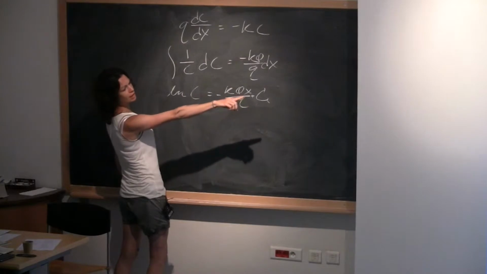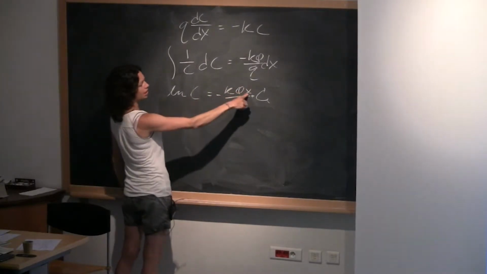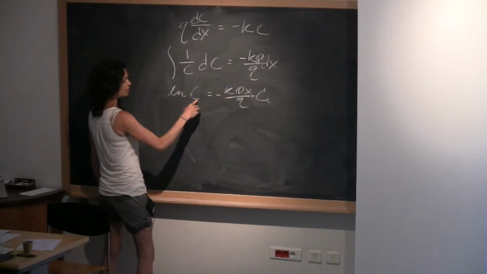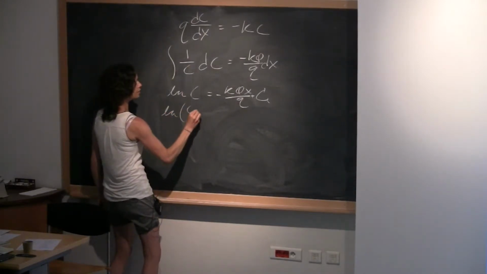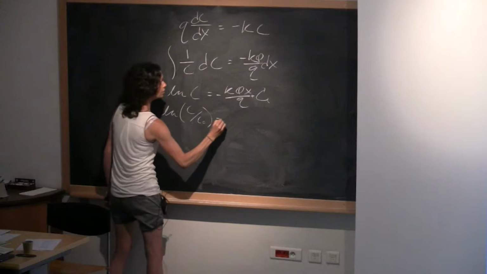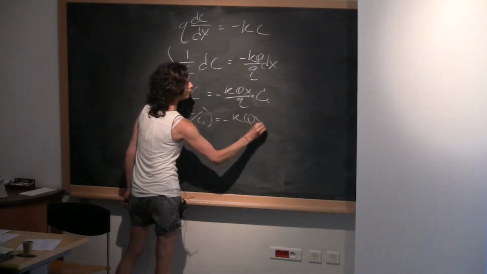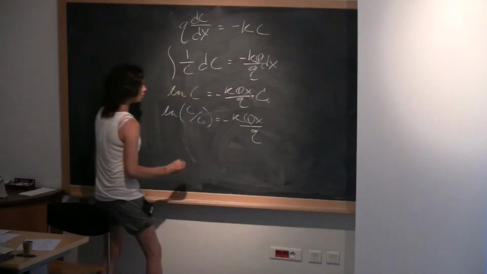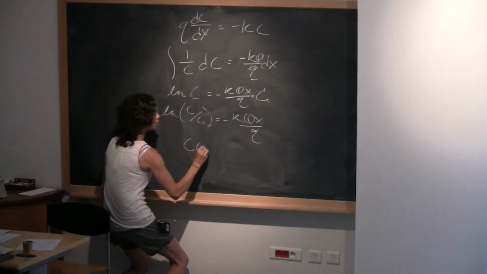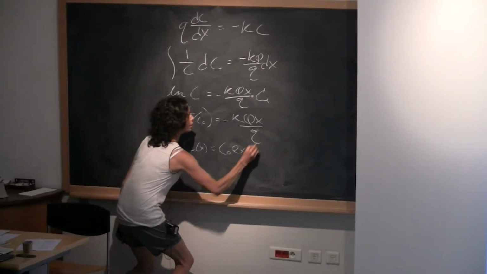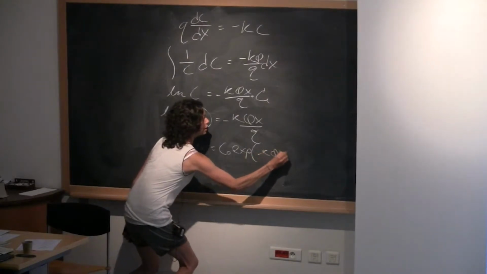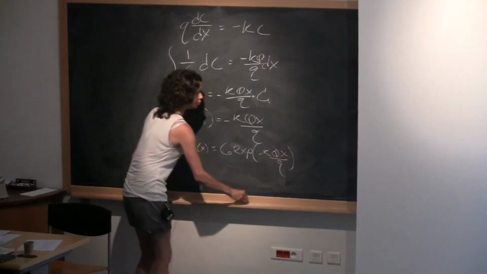Well, we know that at the entry point, in other words, x is 0, C is C0. So what we would wind up with then is the natural log of C over C0 equal to minus K phi x over Q. Or in other words, our concentration as a function of distance is going to be C0 exponent minus K phi x over Q. And the world works.